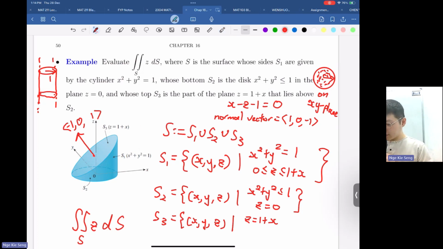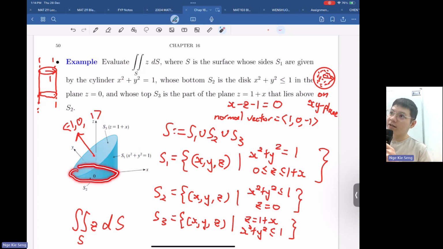Also this x squared plus y squared less than or equal to 1. Meaning this z equals 1 plus x, you can think of it as elevating the disk. So you give height to every point in the disk. Makes sense or not?